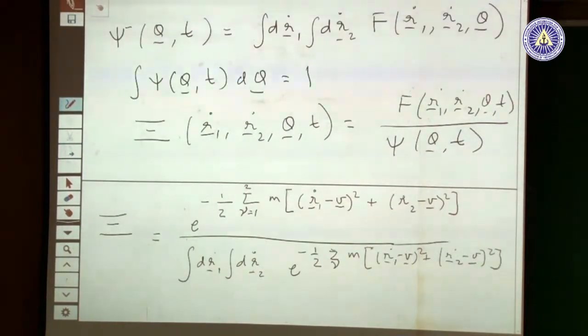You will recognize this, right, as Maxwell's velocity distribution for a system of gas particles, for instance, in statistical mechanics. At equilibrium, they obey this.